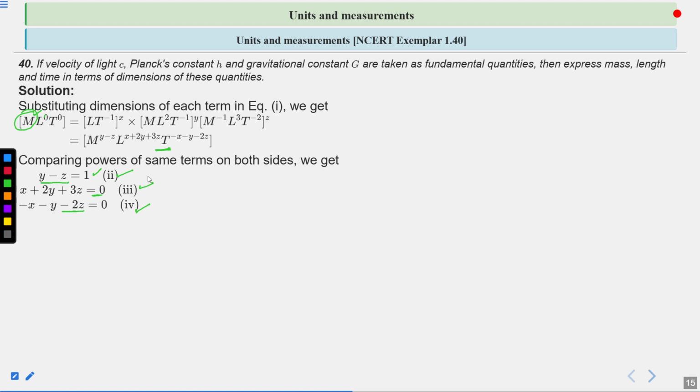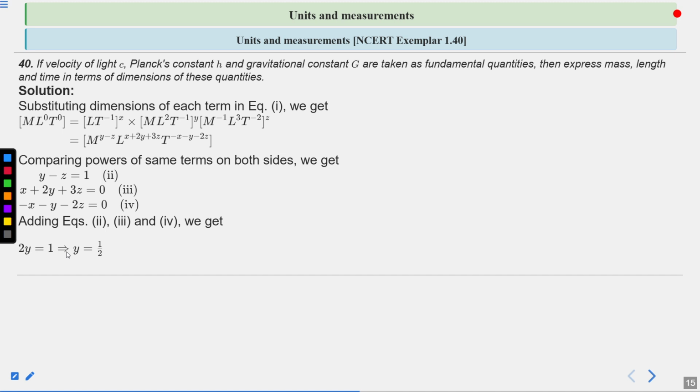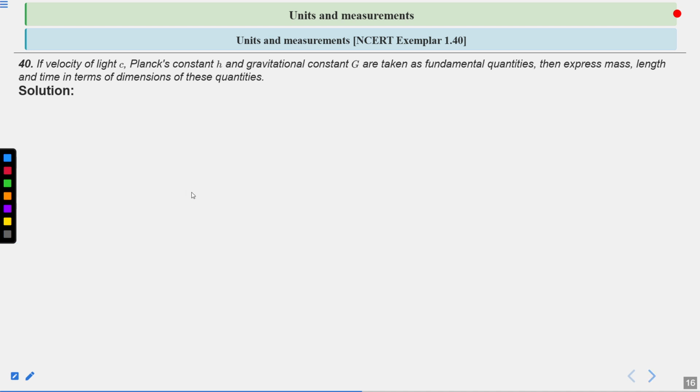Now here we have 3 equations and 3 variables x, y and z. Adding equations second, third and fourth, we get 2y is equal to 1, so y is equal to 1/2.